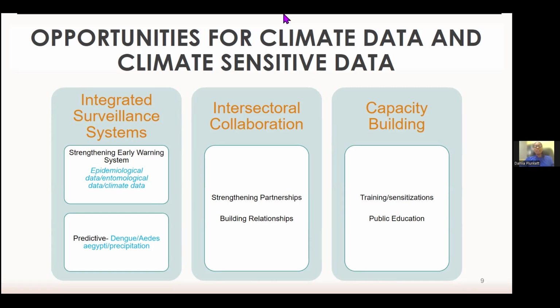Also, intersectoral collaboration, strengthening the partnerships, because there are already partnerships that exist. It's about strengthening that partnership and building those relationships so that the processes for accessing data can be much easier, for want of a better word. Capacity building as well: training and sensitization, public education. One of the building blocks that was alluded to earlier in the presentation was the workforce.